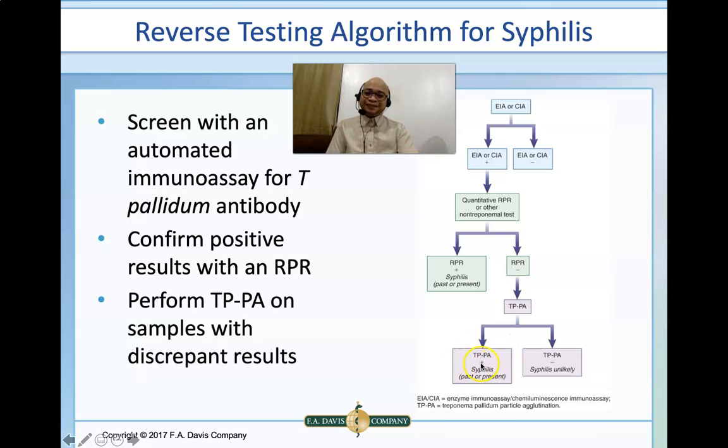If it's positive, then the person may have syphilis in the past or in the present. If it's negative, it is unlikely that the person has syphilis. So in the reverse algorithm, it is confirmed with an RPR, and TPPA is also performed on samples with discrepant results.